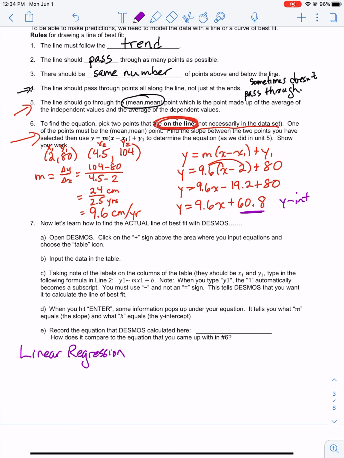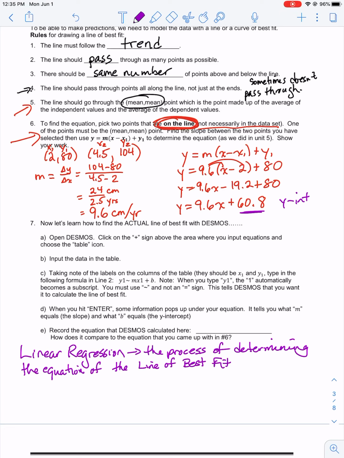Because I'm trying to find the equation of a straight line that fits the data, it's called linear regression. So it's the process of determining the equation of the line of best fit.